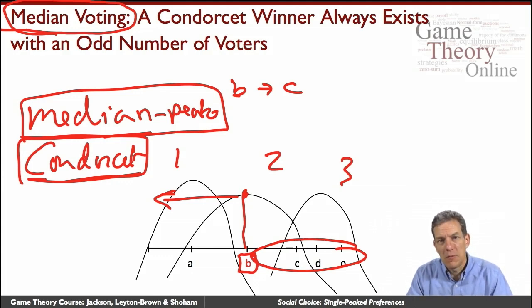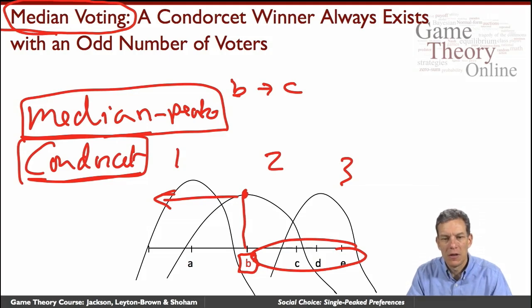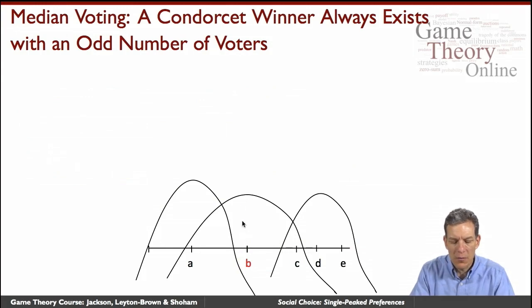Moreover, this is going to have nice properties in terms of people misrepresenting their preferences, right? So could person 2 improve by changing their ordering? No, their alternative is picked, B, their favorite. Let's think about person 1. If we're median voting, we're picking the median of the 3 peaks. So the only way that person 1 could affect the outcome would be to change the median.